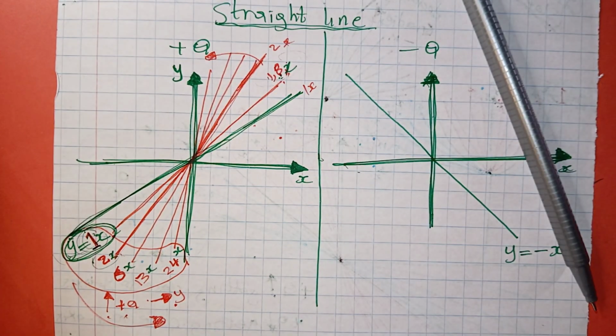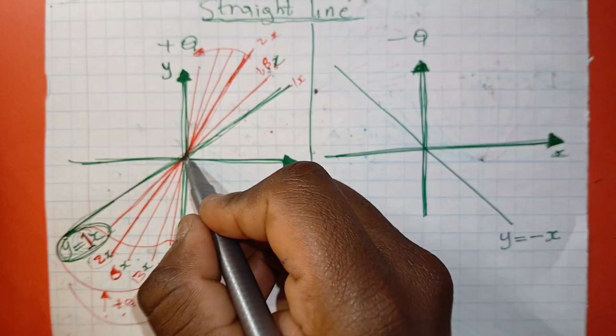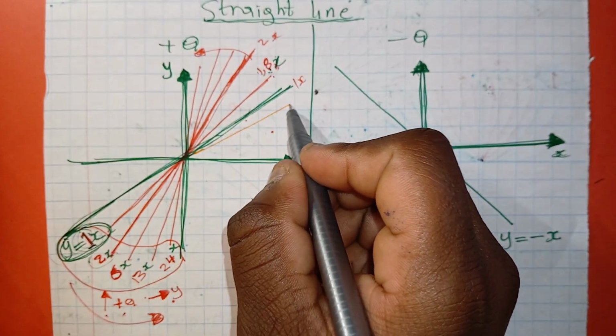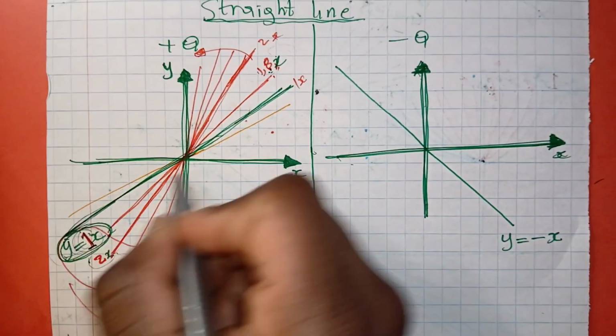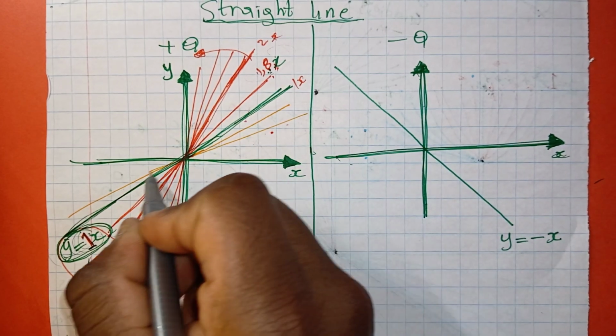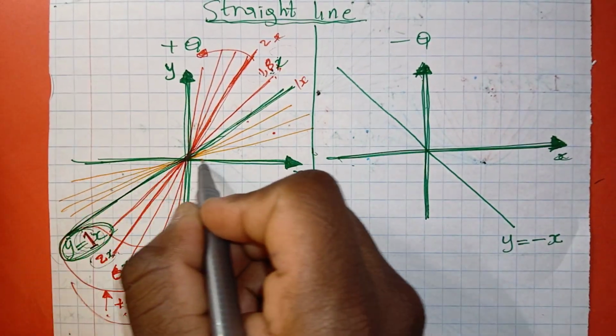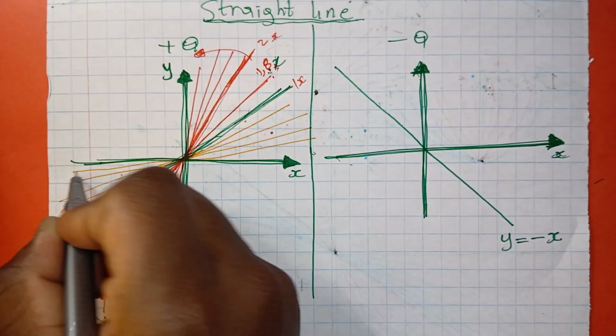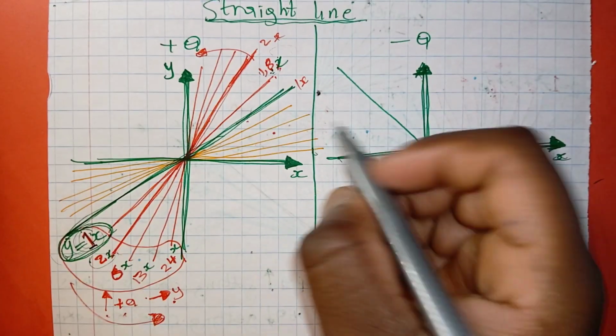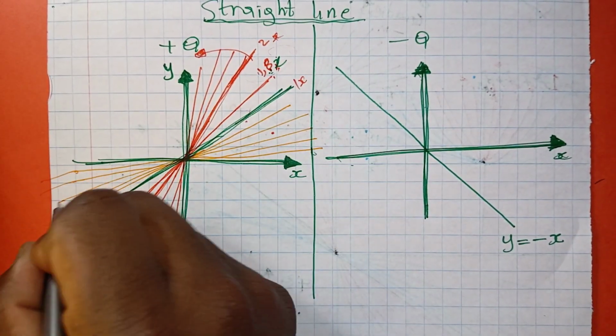Now let's say we decrease this gradient. If I'm decreasing it, it will become something like this. As you can see, I'm trying to get close to the x values.